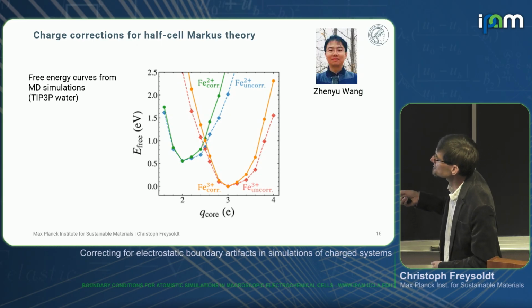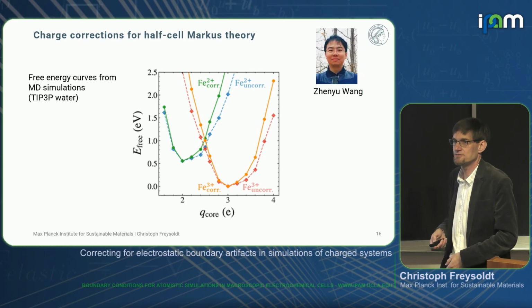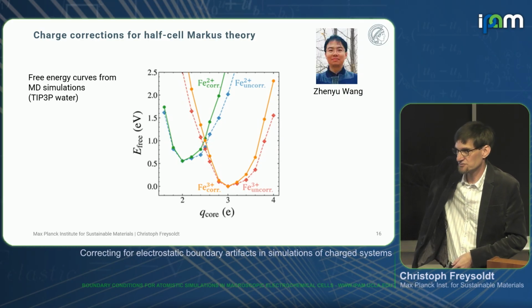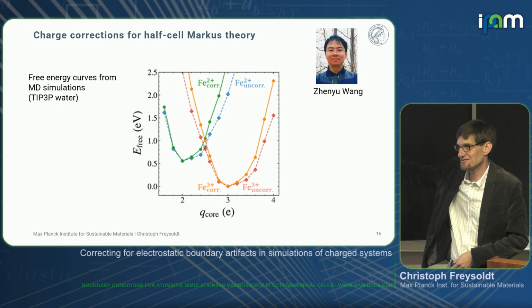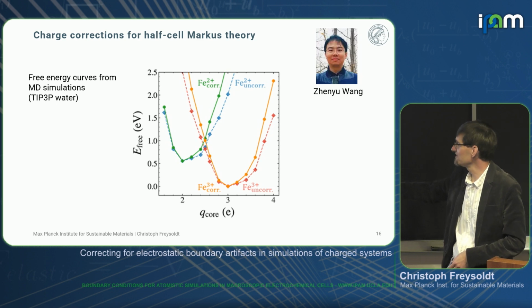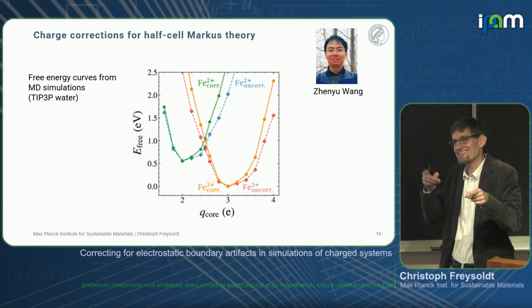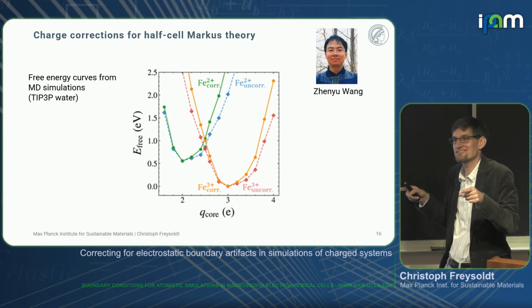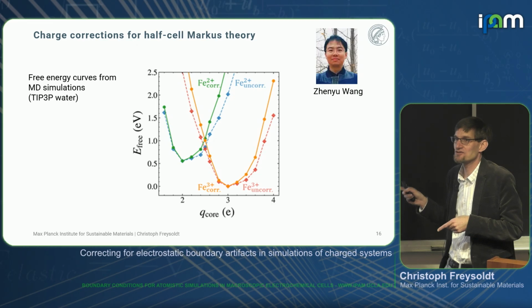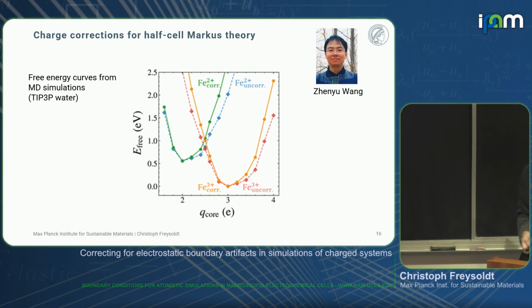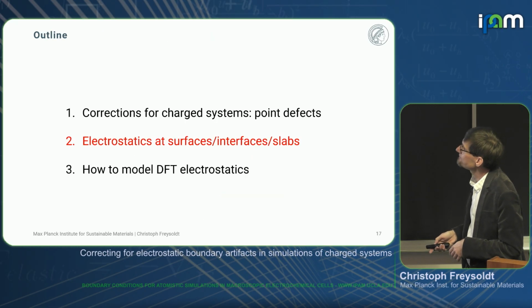And again, here we're talking about a couple of tenths of an eV, even in these relatively large cells, in water, which has a dielectric constant of 80. Yeah? And the main thing here really comes from the fact that it is the difference between the static and the full dielectric constant, and the static dielectric constant of water is small enough to make a sizable effect even in these large cells. Okay, good.